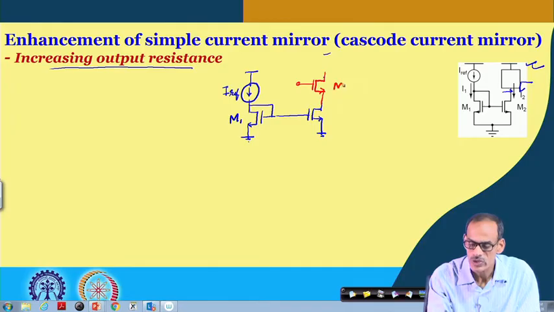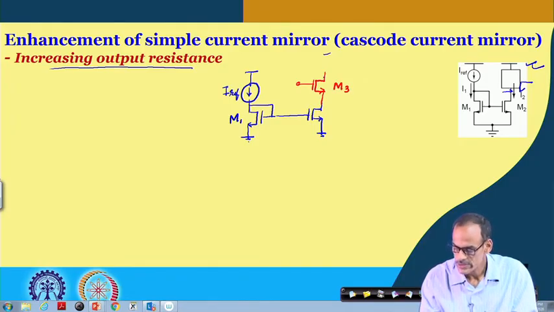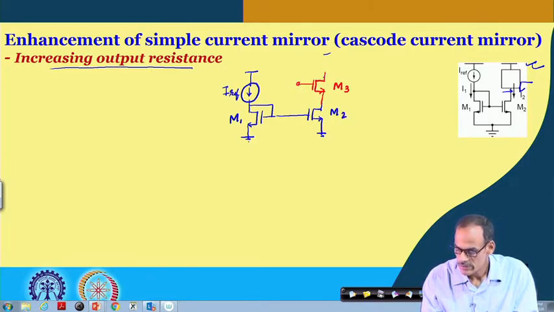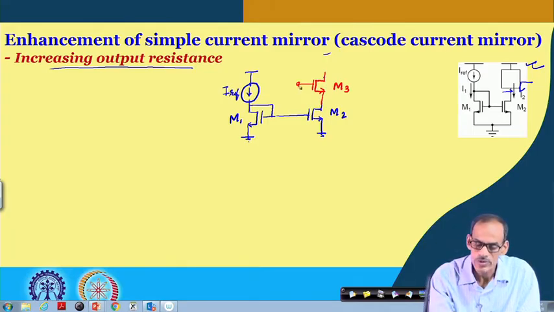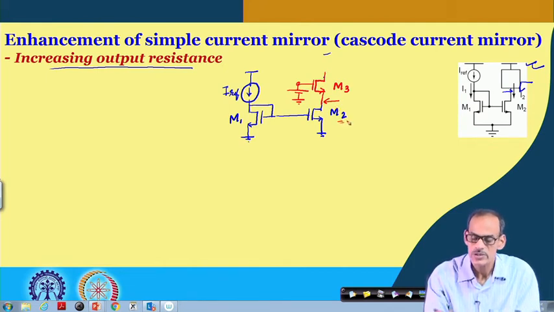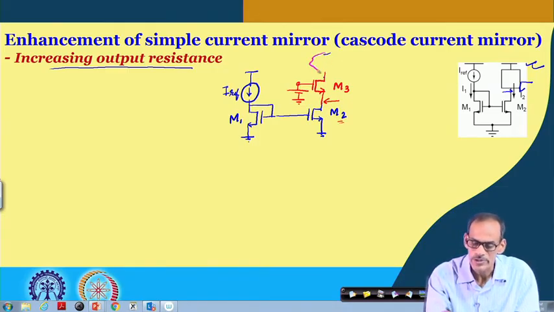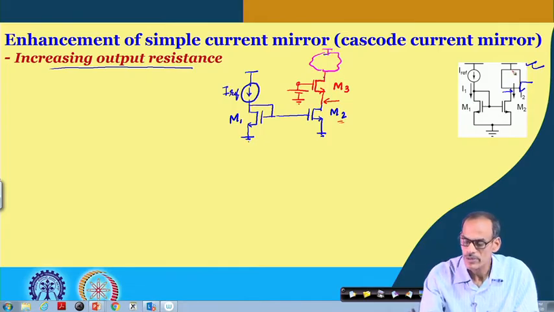If I call this transistor 3, and this is M2, we like to keep a meaningful DC voltage here. When I say meaningful DC voltage, it is such that this voltage is sufficiently high, keeping transistor 2 in saturation. And of course, on top of this we have the application circuit. So, whatever the application circuit is, we have this circuit.